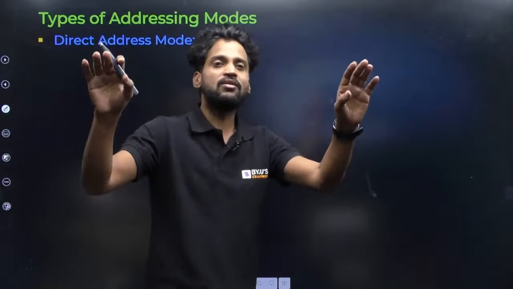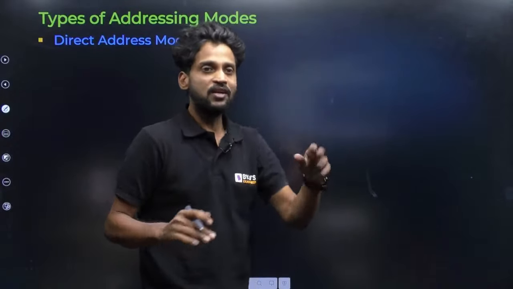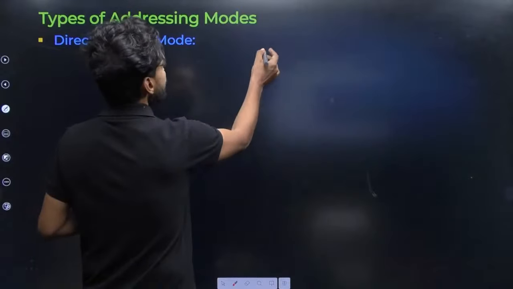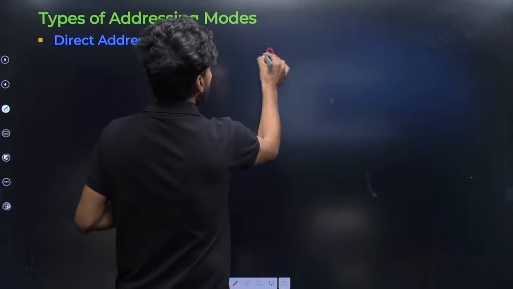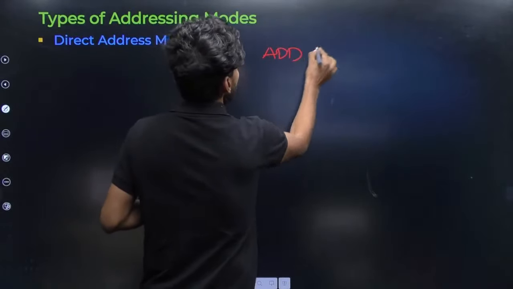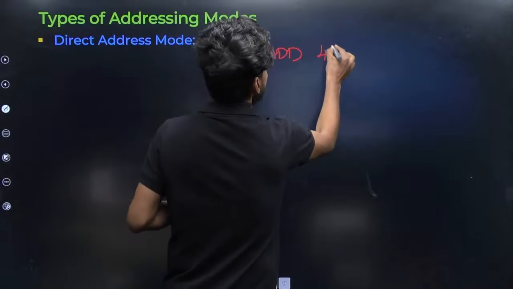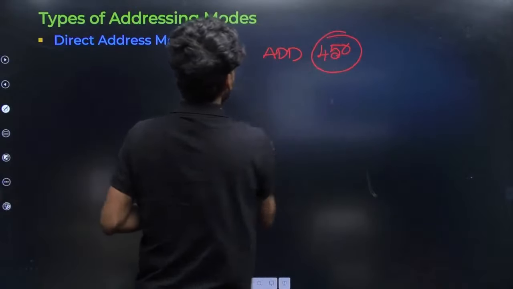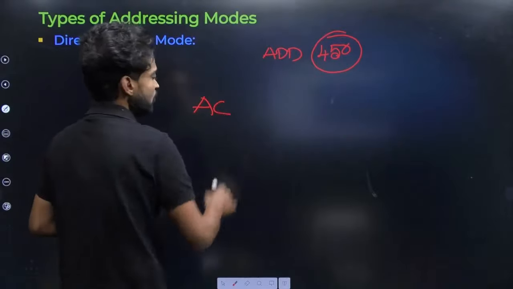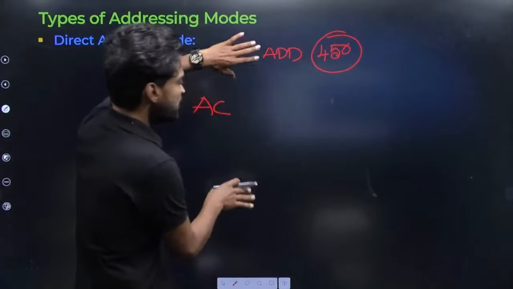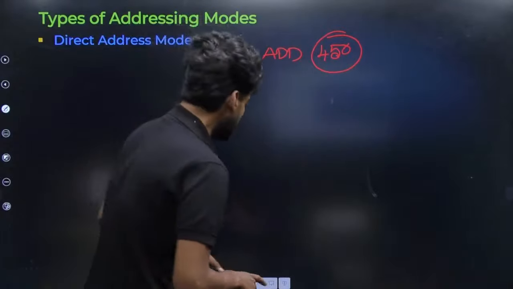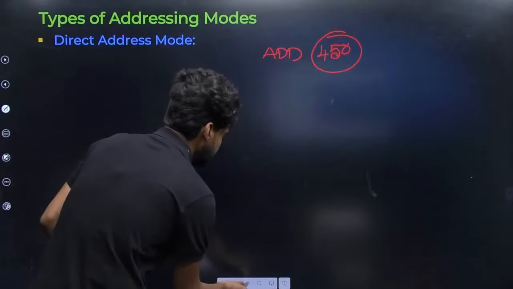What is single accumulator organization? I explained yesterday. In the single accumulator organization, next to the opcode, we have only one operand specified within an instruction. The second operand will always be the accumulator. We already discussed this. So based on this, I am going to demonstrate all the addressing modes right now.